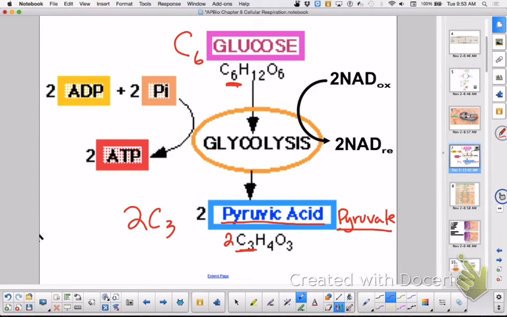You oxidize a little more, and each time you're going to get a little more NAD. You're going to write a few more checks that you can cash out later. So I walk away with 2 reduced NAD.